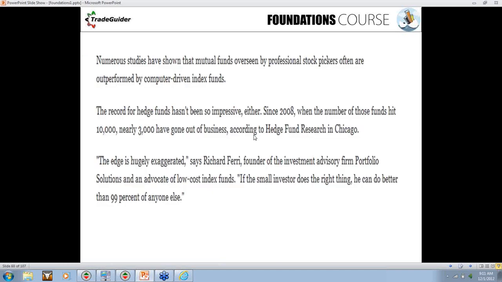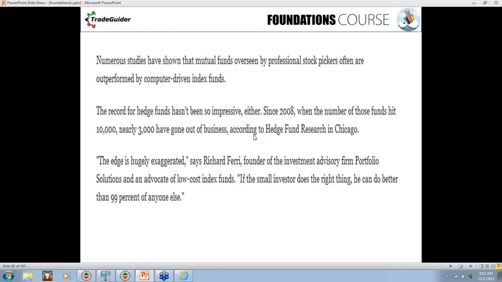It says numerous studies have shown that mutual funds overseen by professional stock pickers often are outperformed by computer-driven index funds. The record for hedge funds hasn't been so impressive either. Since 2008, when the number of those funds hit 10,000, nearly 3,000 have gone out of business, says Hedge Fund Research in Chicago. This is important, this next statement.